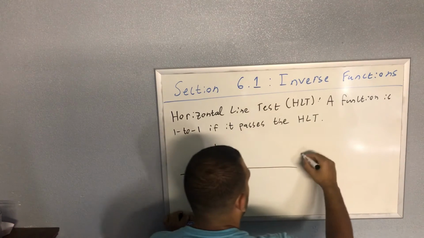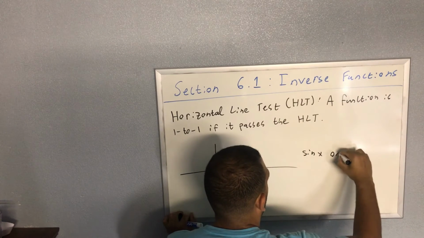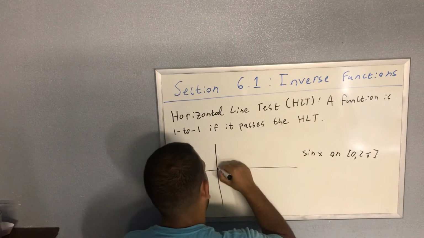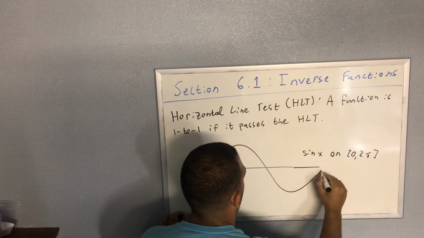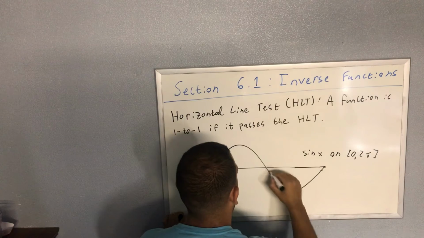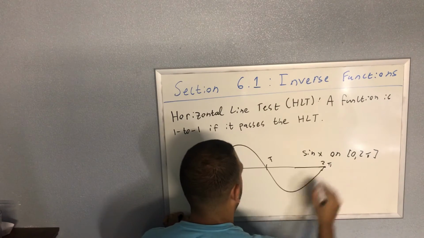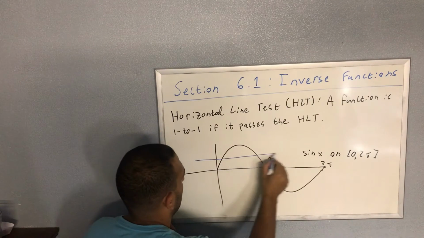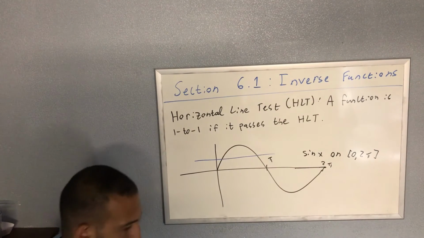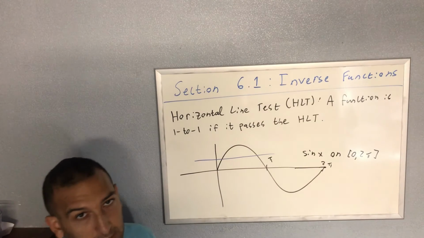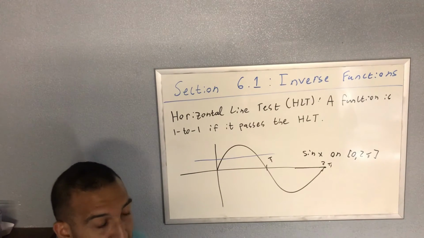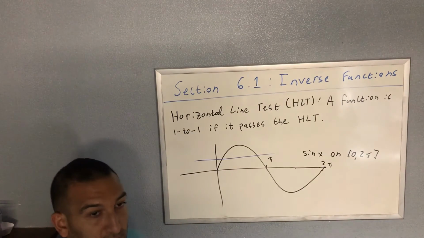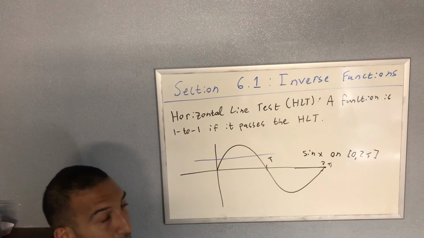So let's think about sine x on 0 to 2 pi. So here's pi, here's 2 pi. If I draw a horizontal line, and this has to be every single horizontal line possible. If it fails for just one horizontal line, it fails the whole test. So just because it works for some points doesn't mean it's foolproof.